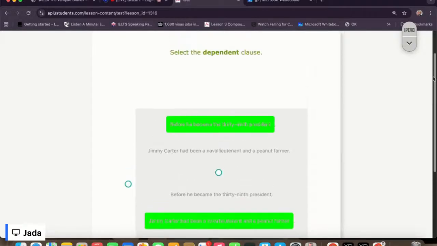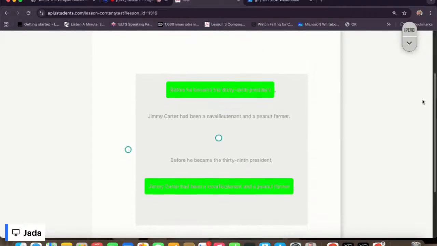Okay, so next we have dependent clause. Before he became the 39th president, Jimmy Carter had been a peanut farmer. First or second?